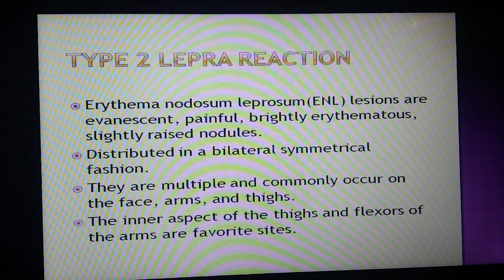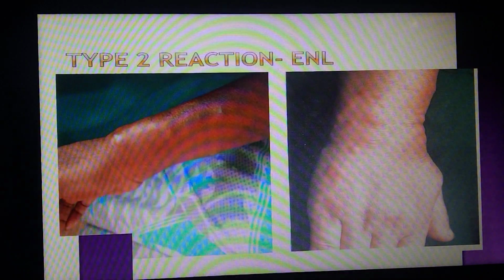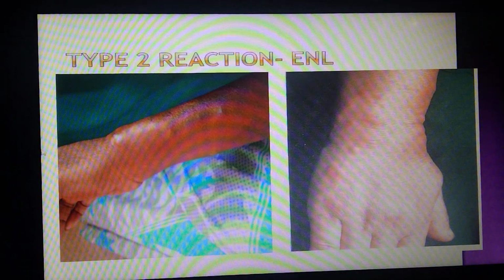They are multiple and commonly occur on the face, arms and thighs. The inner aspect of the thighs and flexors of the arm are favorite sites. This picture shows type 2 reactions of ENL, which we can see on the hand here.